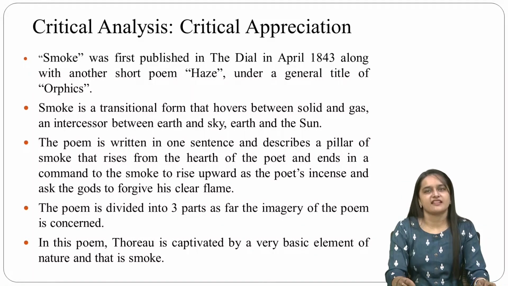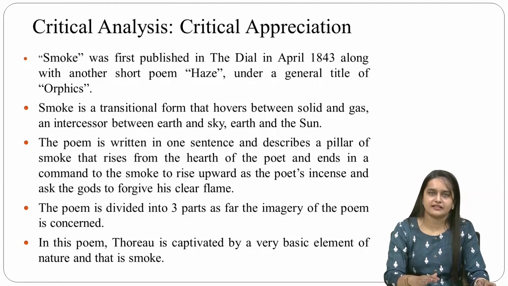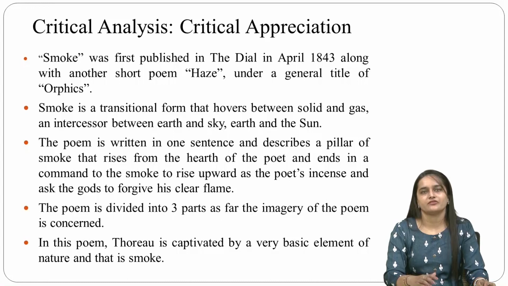Smoke is a transitional form that hovers between solid and gas, an intercessor between earth and sky, earth and the sun. It is obvious from the first reading that the perspective of the poem is that of the poet.